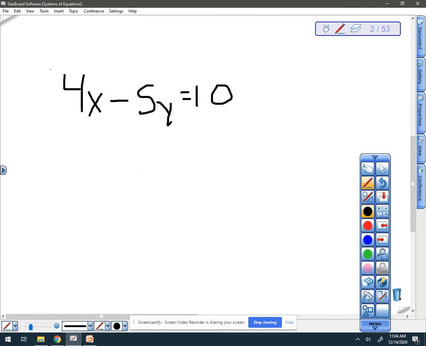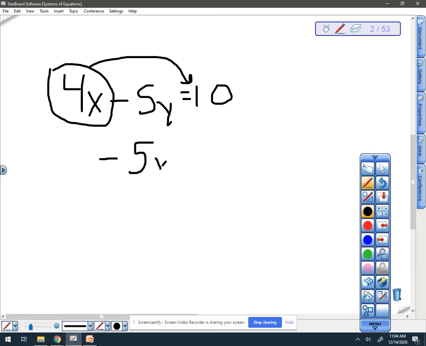So I'm going to take the 4x, move it after the equal sign, and change the sign. So I've got negative 5y equals, the 4x becomes a negative 4x because we moved it to the other side of the equal sign, plus 10.